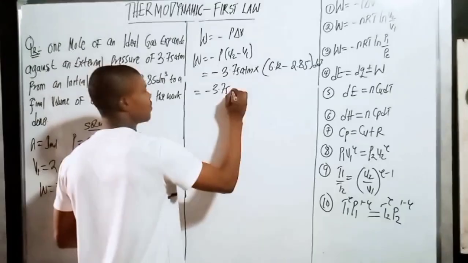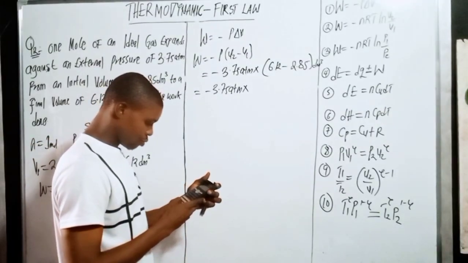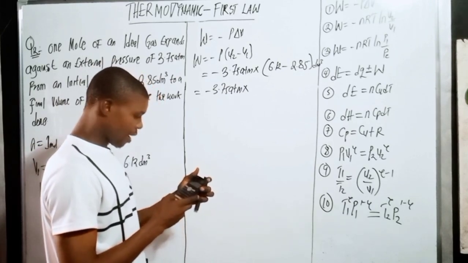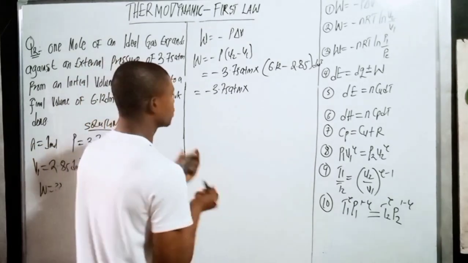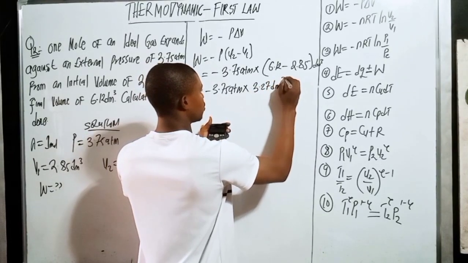So what I want to do here is minus 3.75 atm times, so let's look at 6.12 minus 2.85. So let it be 3.27 dm cube, right?